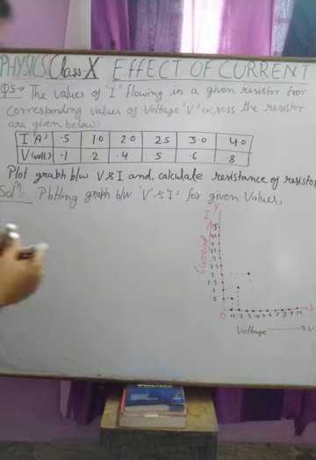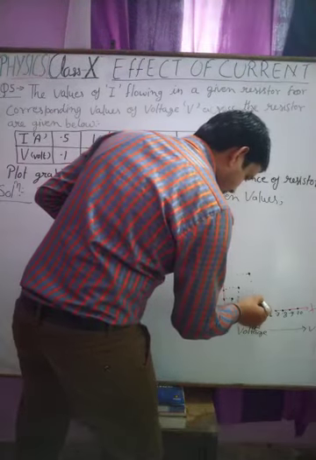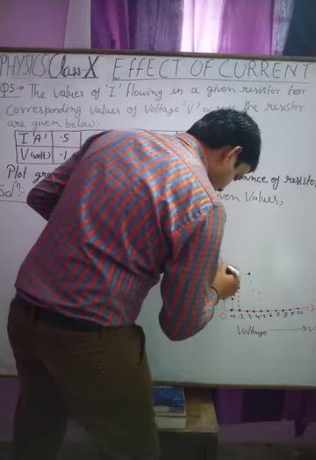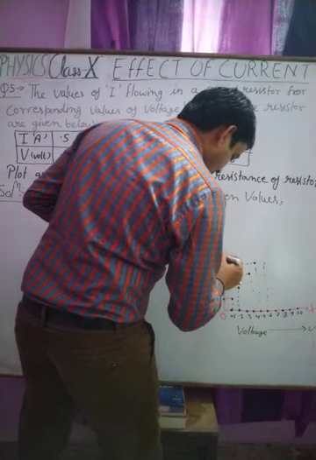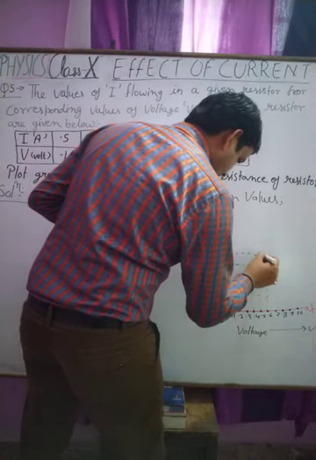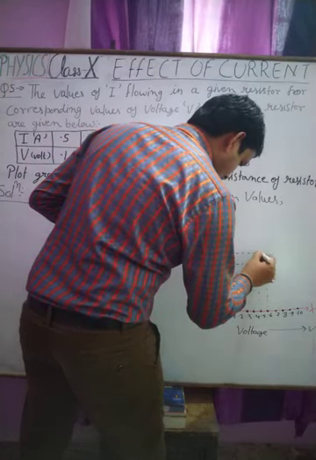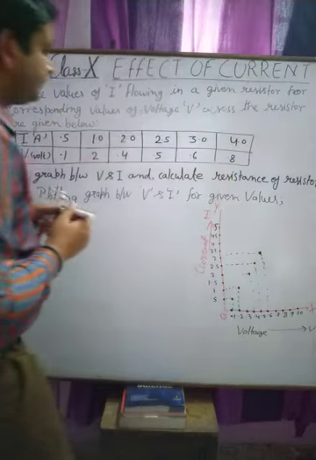When the voltage is 5, the current is 2.5 ampere. When the voltage is 6, the current is 3 ampere.